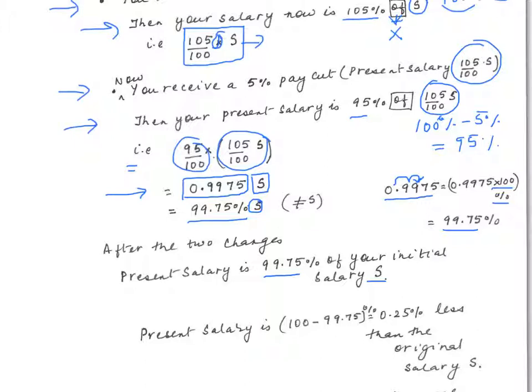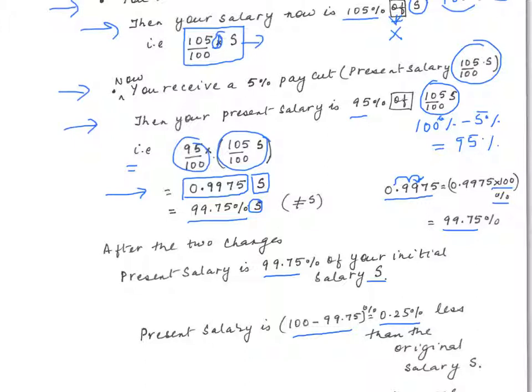So your present salary is a little less than what you were earning initially because it's not 100% of S, it's 99.75% of S. So how much less is the question? So we subtract 99.75 from 100 to get 0.25%.